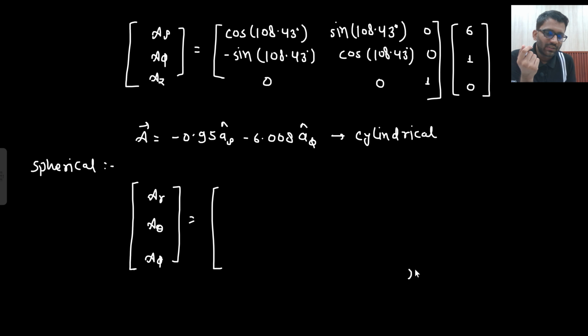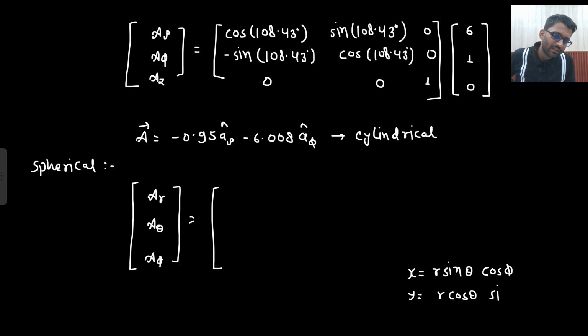Okay. So what is the formula? x equals r sin theta cos phi, y equals r sin theta sin phi, and z is r cos theta.